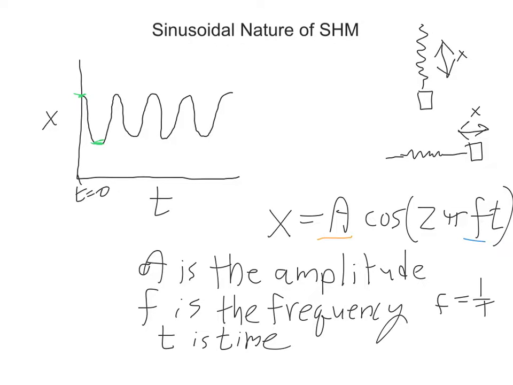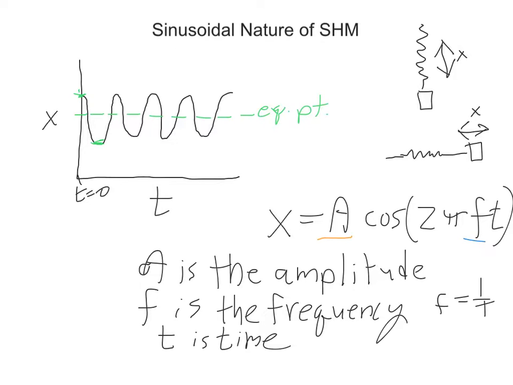That means that exactly halfway between those two amplitude points, you have your equilibrium point. Graphically, the equilibrium point will bisect your cosine function. The green line that I've drawn in here represents the equilibrium point for the oscillator.